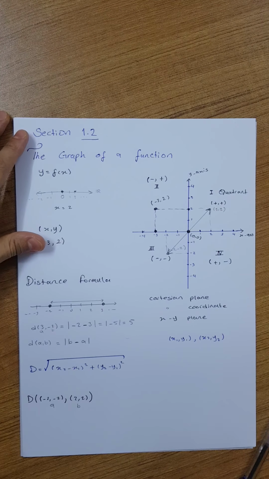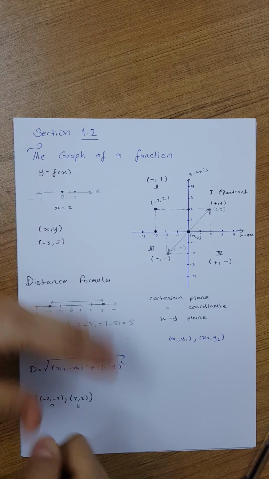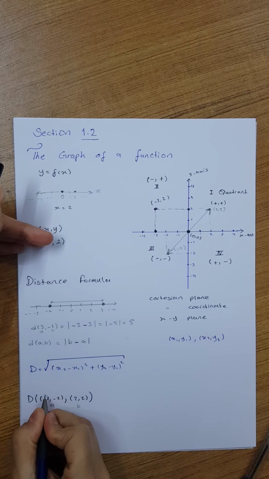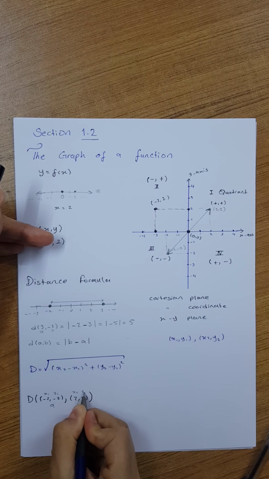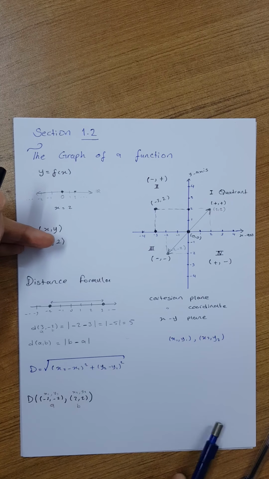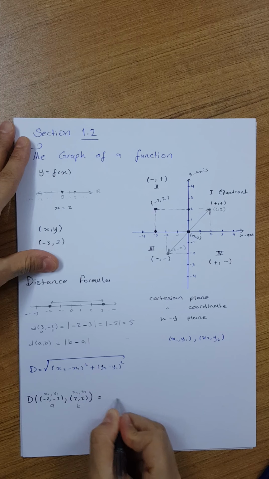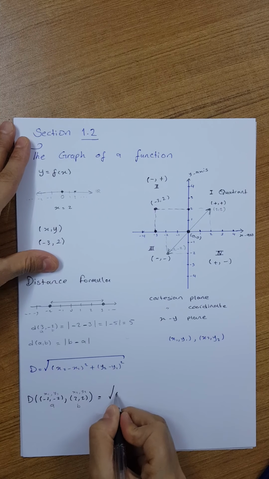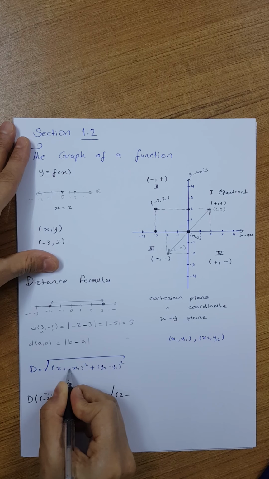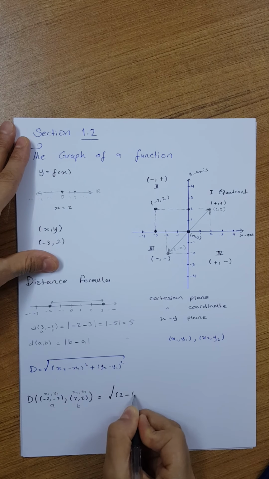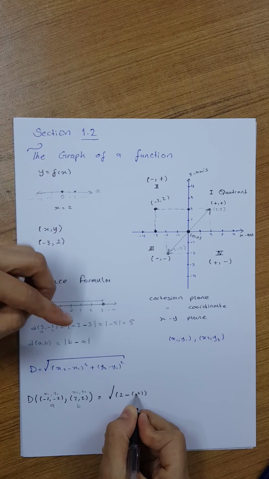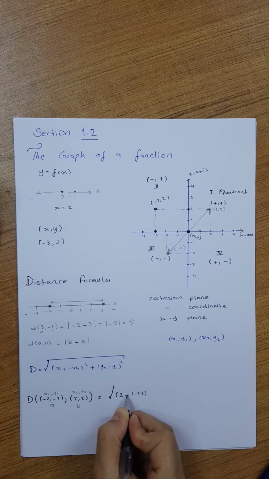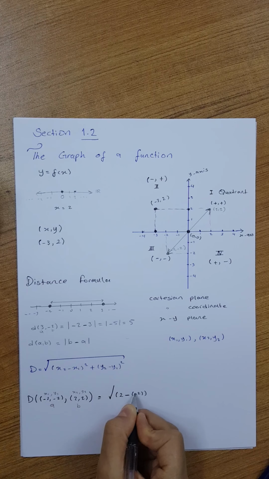So how do I find the distance between this point and that point? That one is x1, y1, and that one is x2, y2. How do I find that distance? Simply using the formula. x2 minus x1. x2 is 2, minus, I'm grabbing it from the rule, x1 is negative 2. Look, I will write this negative back in here because that is x1, okay? That negative is from the rule and x1 is negative 2.